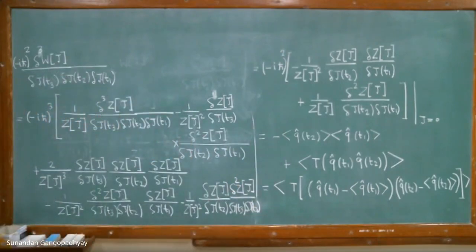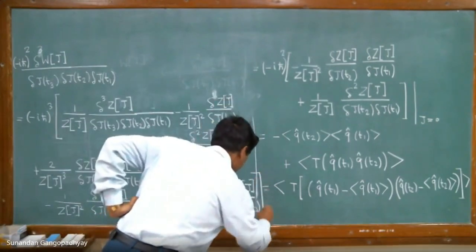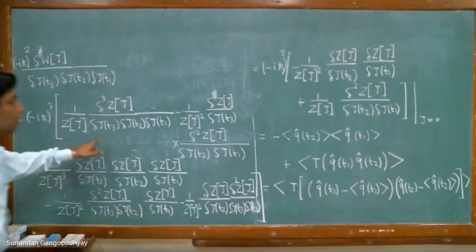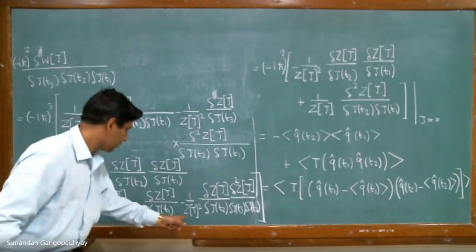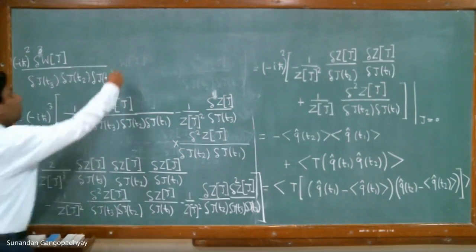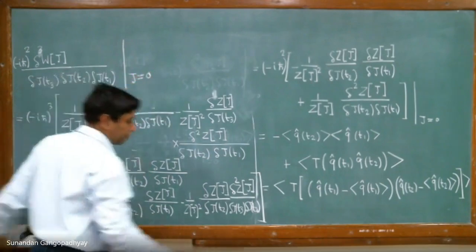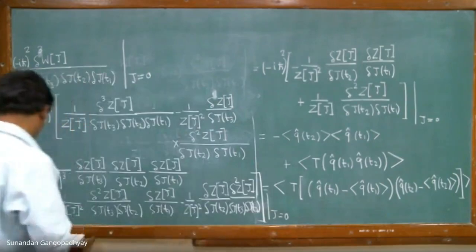Okay, and this therefore gives us this thing. So you can see how many terms you have got. 1, 2, 3, 4, 5. So we have 5 terms, and now after doing this, at the end of the calculation, set j is equal to 0.